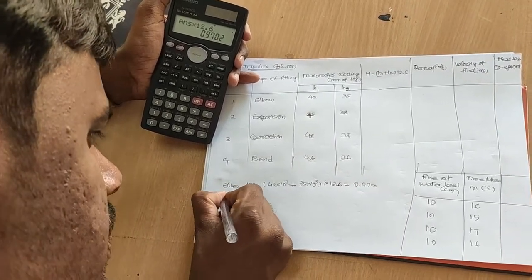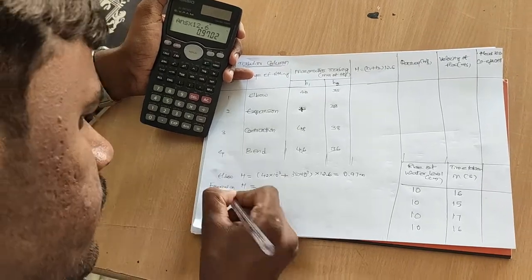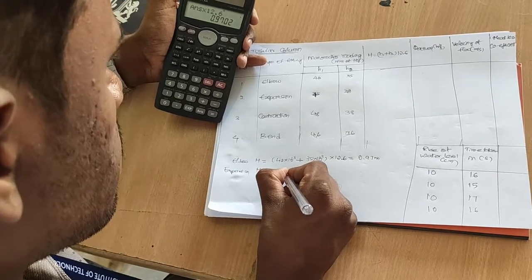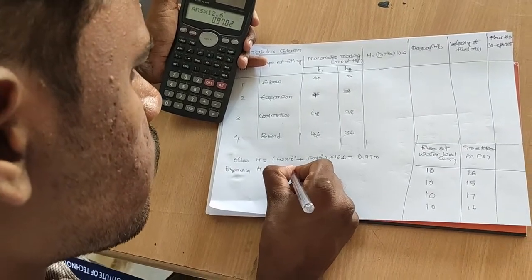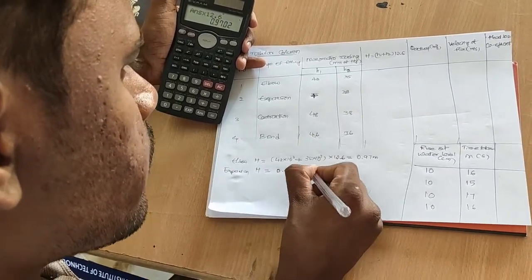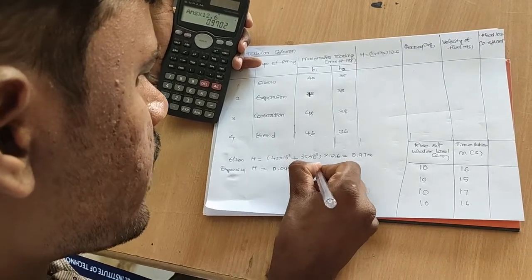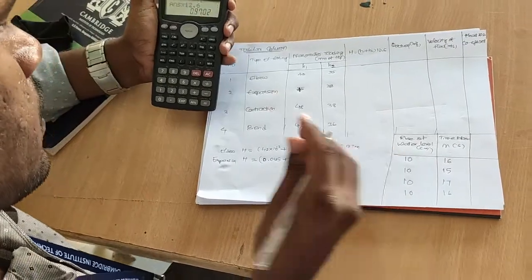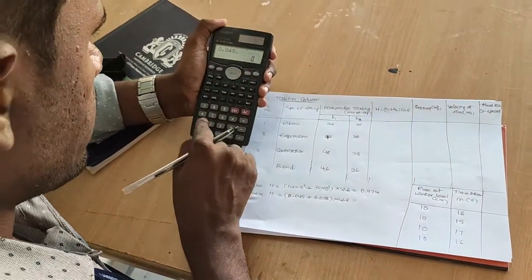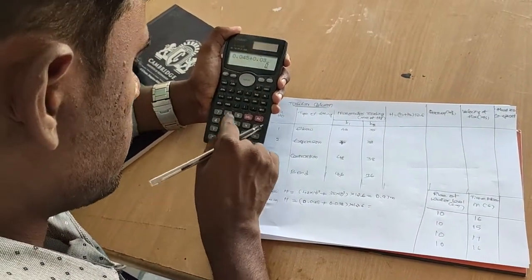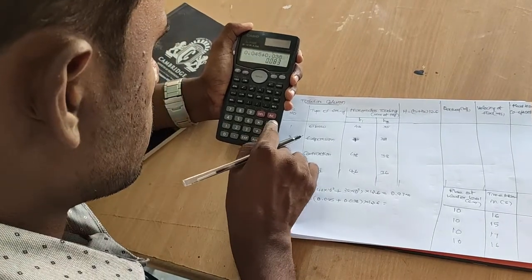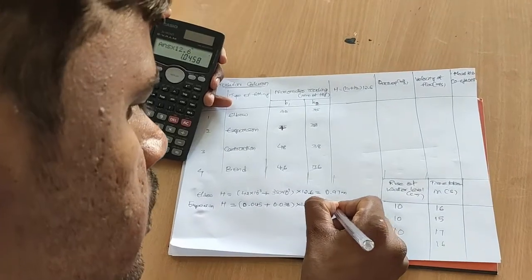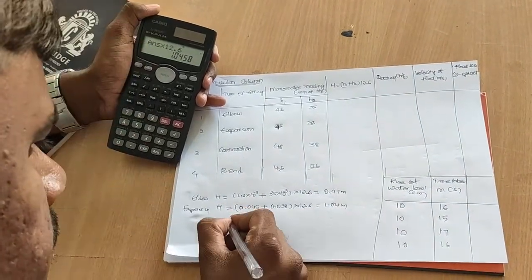Now for expansion, (0.045 plus 0.038) multiplied by 12.6, so 1.04 meters.